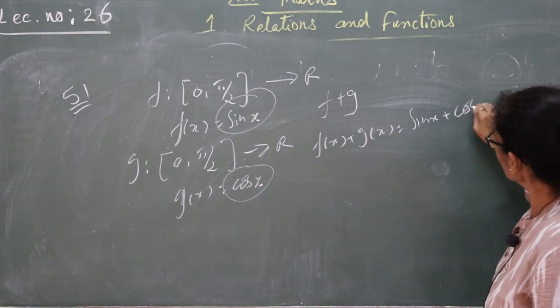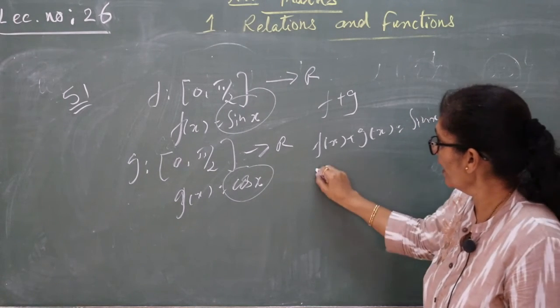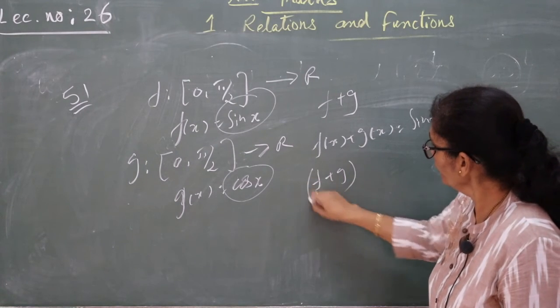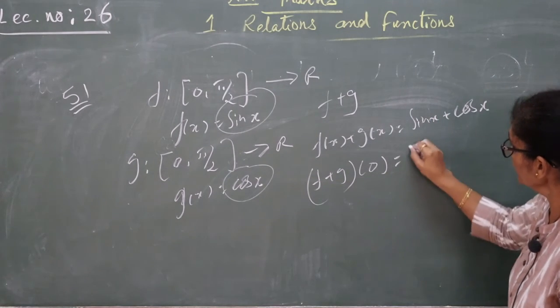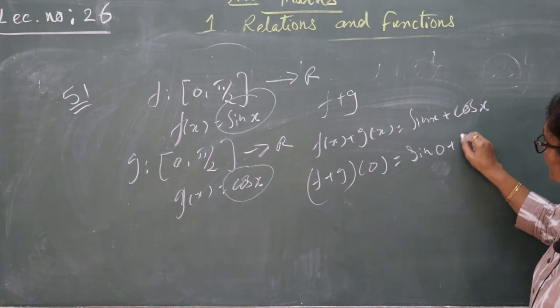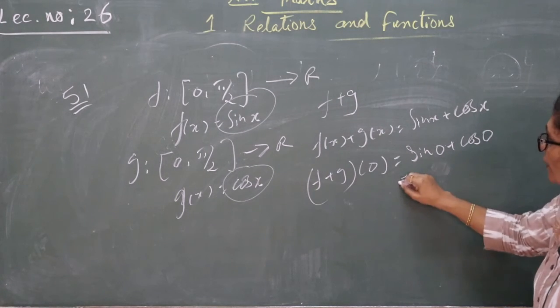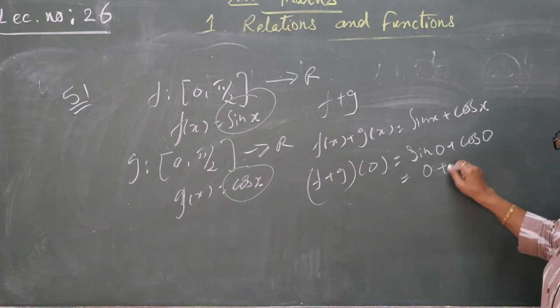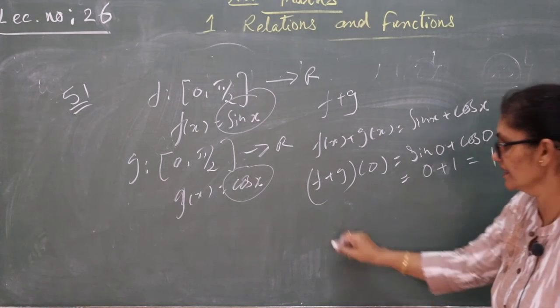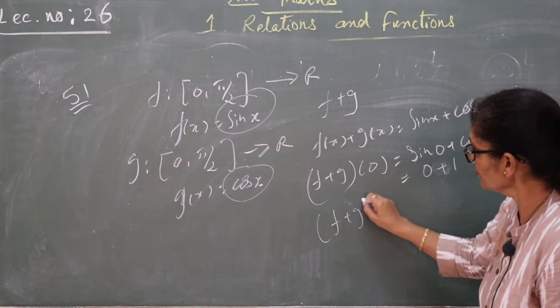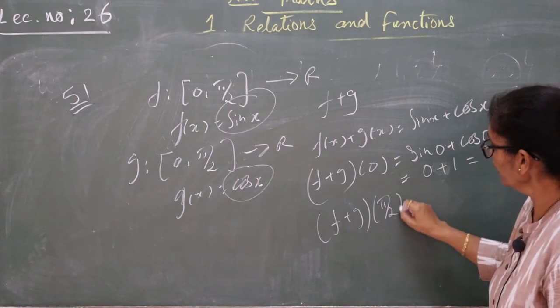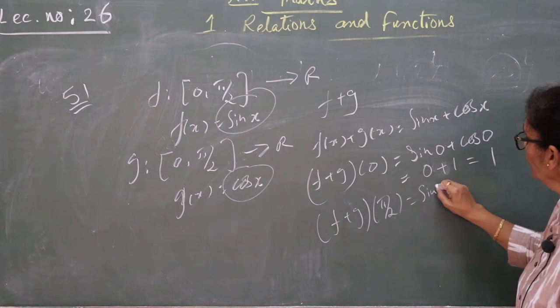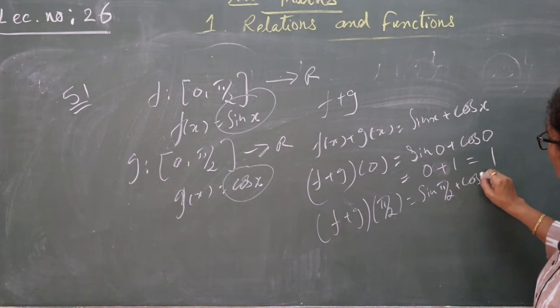For sin x + cos x, let's write (f + g)(0). What is it? We can write sin 0 + cos 0. Now tell me, what is sin 0? sin 0 is 0 and cos 0 is 1. So the answer is 1. Now (f + g)(π/2). What is it? sin π/2 + cos π/2.